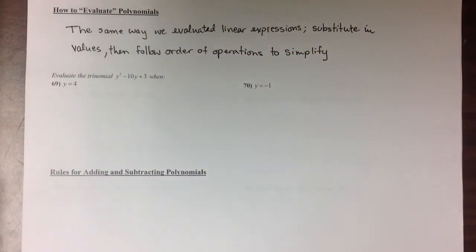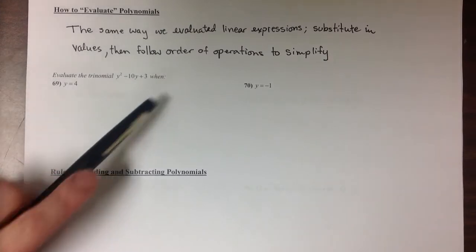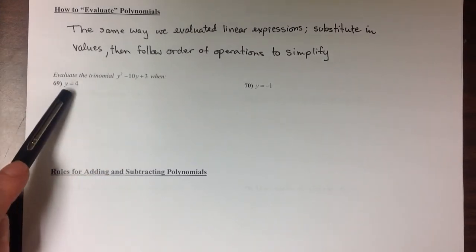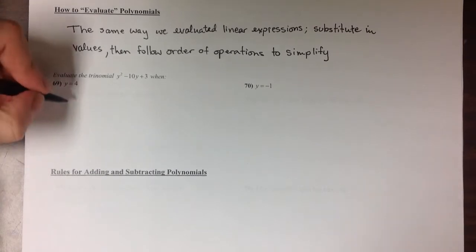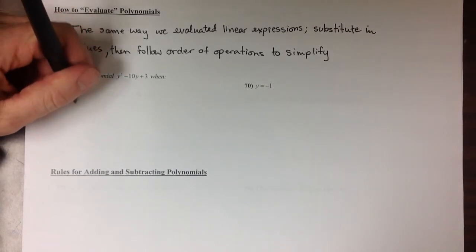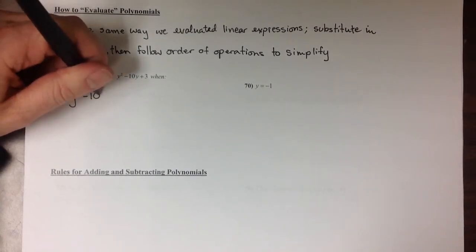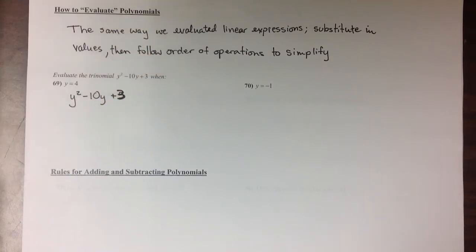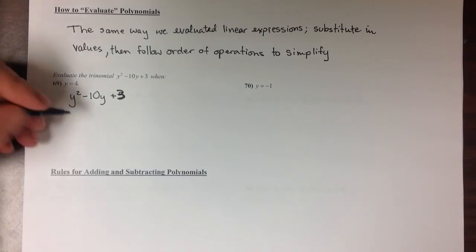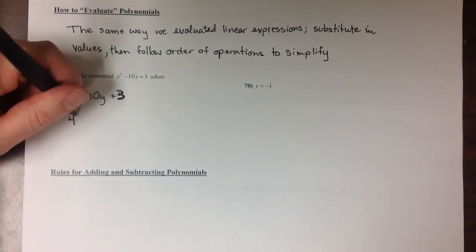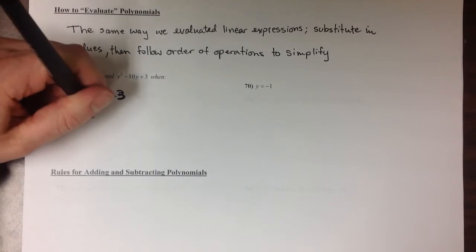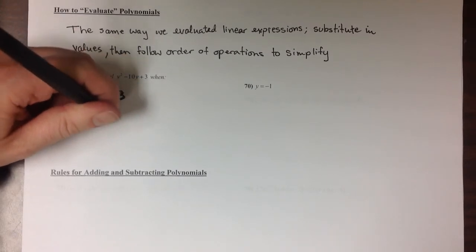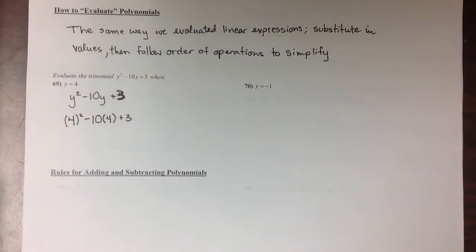So in our first example, we have evaluate the trinomial y squared minus 10y plus 3 when y is equal to 4. So I'm going to rewrite this expression, y squared minus 10y plus 3, substituting in a 4 for the y. So it's going to become 4 squared minus 10 times 4 plus 3.